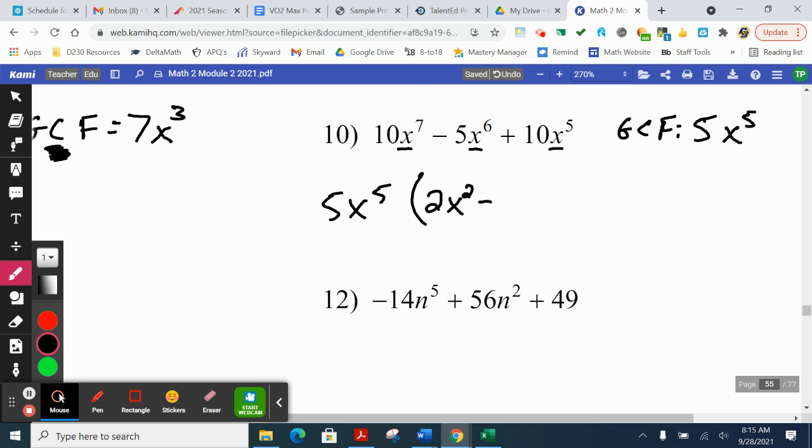Minus, and then 5 times what would give us this 5? 1. A 1. And how many x's remain? 1. Good. We had 6, I pulled 5 out, so 1 remained. And then if I had a 10, I pull 5 out. What number do we have left? 2. And how many x's remain? Good. So there are no x's left over. So that's our final answer. Okay.